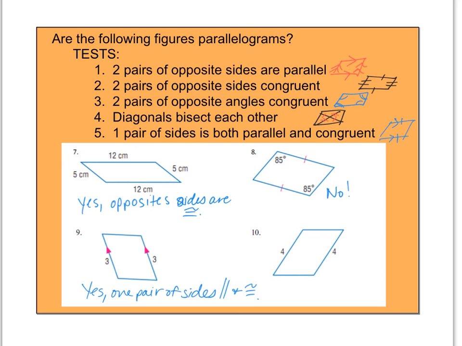So it is a parallelogram. Take a look at number 10. Nope, not enough information. We only have one pair of opposite sides congruent, and we need both pairs to know if it's a parallelogram.